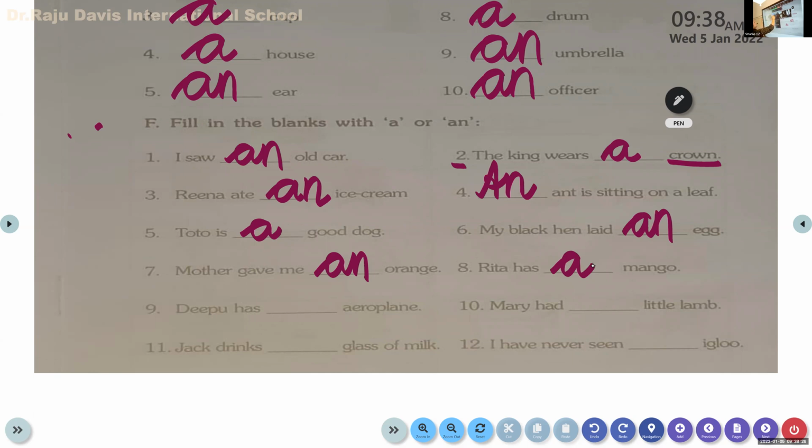Come on, Fahim. Unmute it, my dear. Come on, do the ninth question. Come on, do it fast. Debu has an aeroplane. Very good. Debu has an aeroplane. Very good.